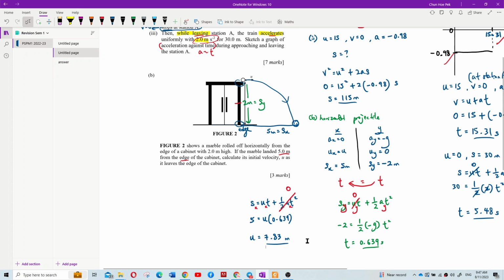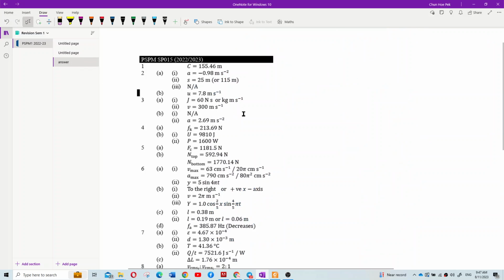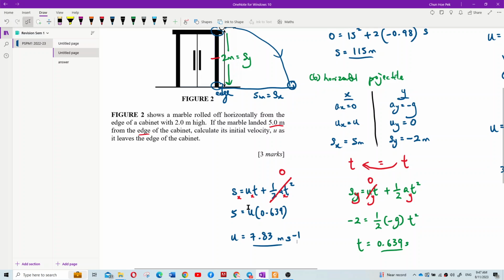Oh, see, meter per second. The unit is wrong. Nanti hilang markah. This is a common mistake. You and me also. So be careful with the unit. Meter per second. So 7.8 meter per second. Okay, class? 7.8 meter per second.